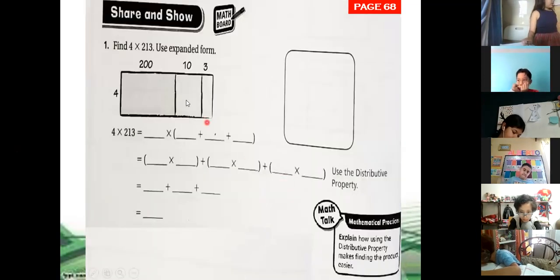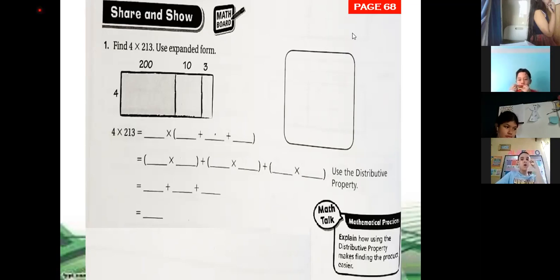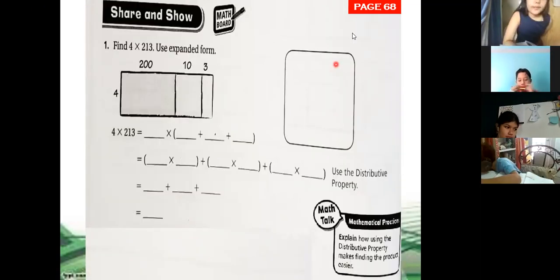Okay, here we have also on page 68, the second exercise. It says find 4 times 213, but in this case, we have the grid. Use the expanded form. We're going to multiply 4 times 200, 4 times 10, and 4 times 3. The expanded form of 213 is 200, 10, and 3.